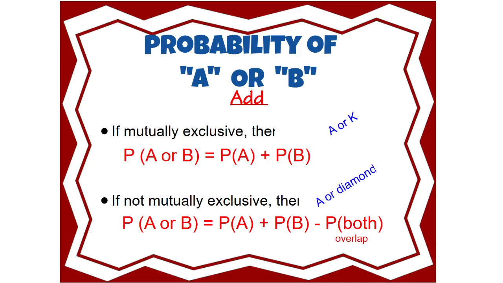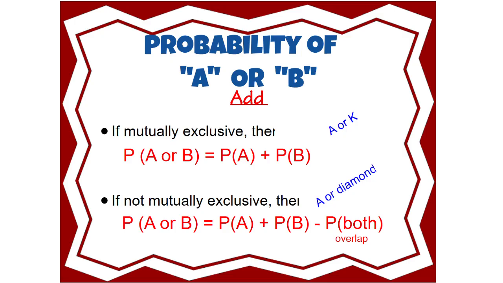Now, if you happen to be looking at things that are not mutually exclusive, so the probability of A or B, you still take A plus the probability of B, but you have to subtract out the probability that both occurred. So right here, like the probability of getting, you're just going to pull one card out of the deck, and the probability that it's an ace or that it's a diamond.